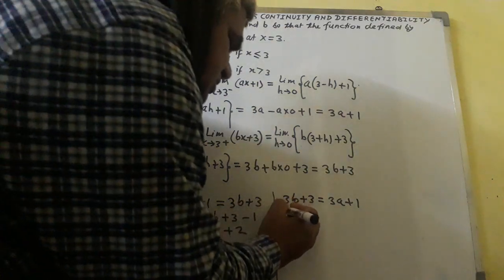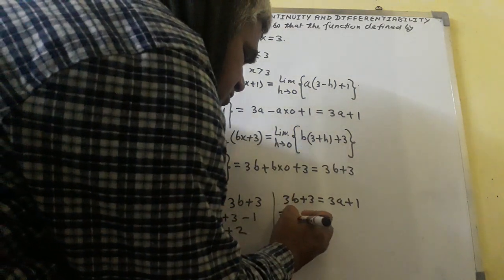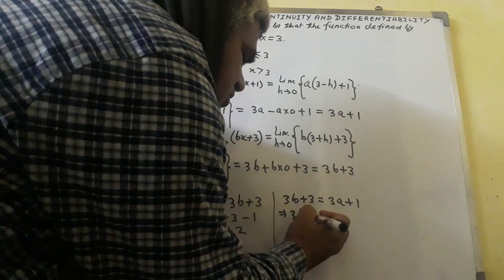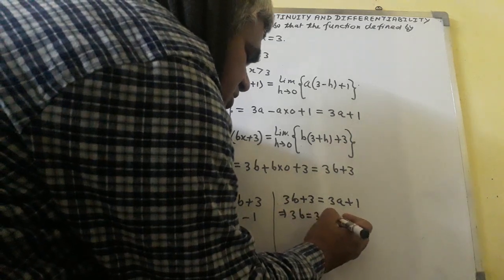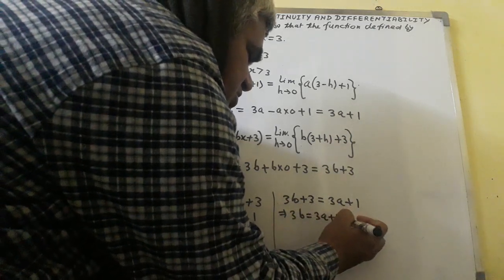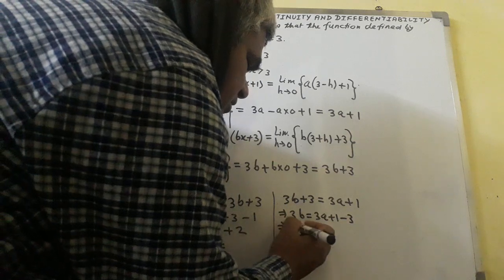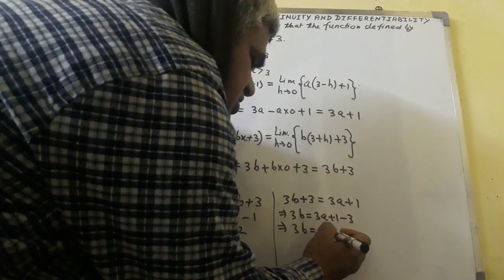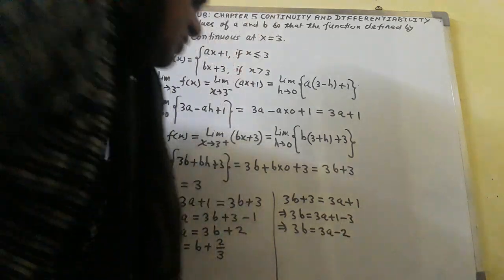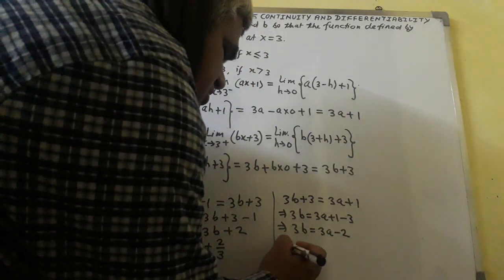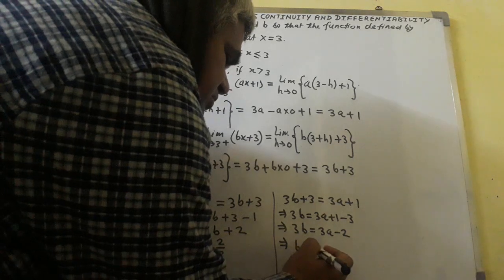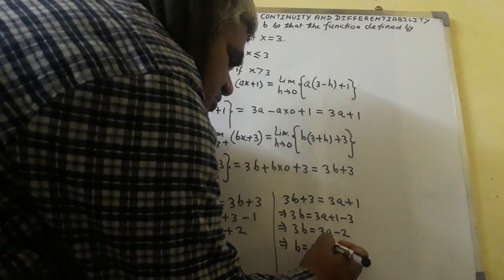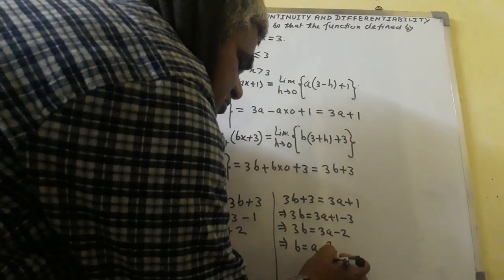So here write 3b equal to 3a plus 1 minus 3. We will get 3b equal to 3a minus 2, which implies that b equal to a minus 2 over 3.